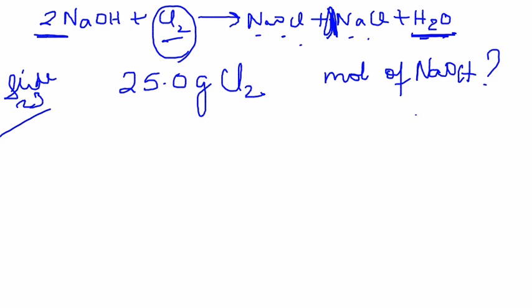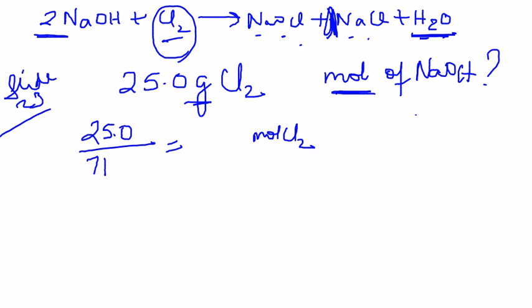What is that? So the first step should be, because you have grams here and I'm asking in terms of moles, your first step should be to convert the grams into moles, and that can be done very easily by simply dividing the grams by the molar mass. So in this case, since it's Cl2, you're going to divide it by 71, and that will give you the moles of chlorine. So let's go ahead and do that.